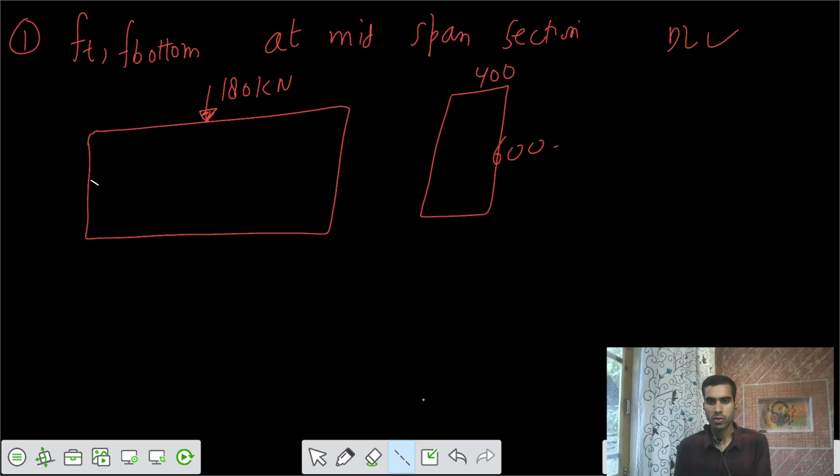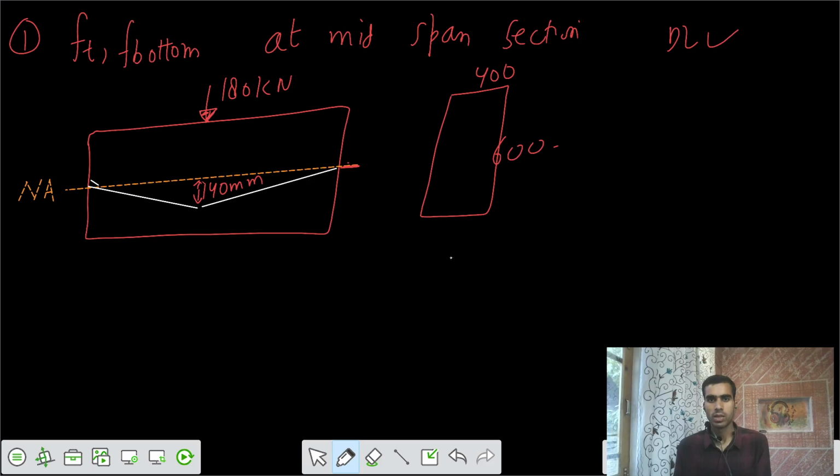Let's say there's some neutral axis. This is the neutral axis. Okay, and I would say the cable at the ends is at the neutral axis. Okay, eccentricity is 0 at the ends. Then eccentricity is maximum at the midspan, and that value of e at the midspan is equal to 140 millimeters.